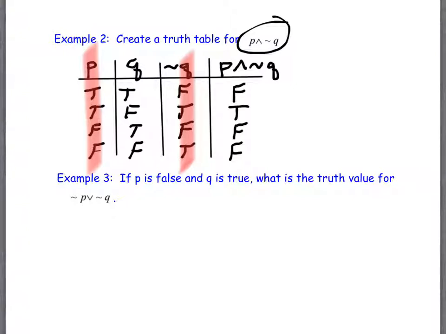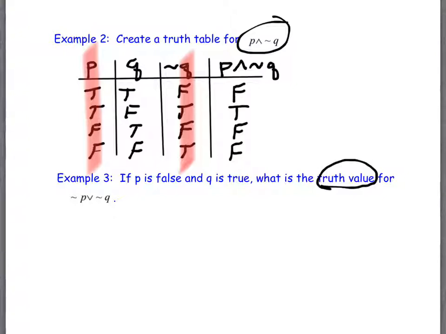All right, 3 is different. 3 does not tell you that you have to create a truth table, correct? Instead, it asks you to find the truth value. Now, a truth value is going to be found by creating a one-line truth table. So let me show you what I mean.